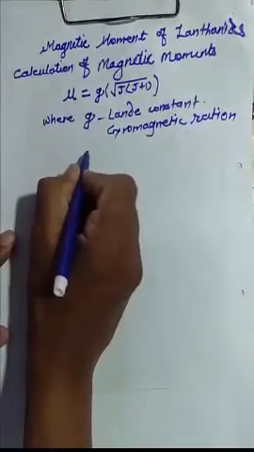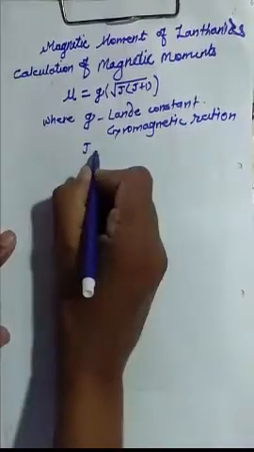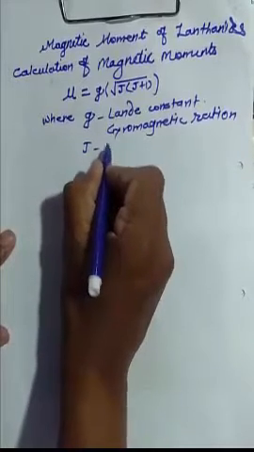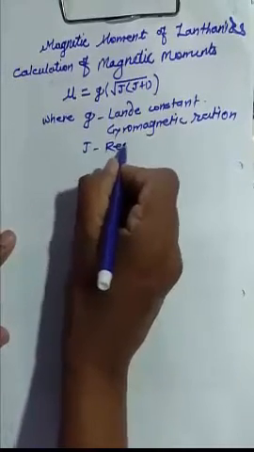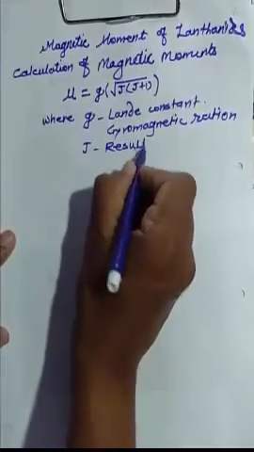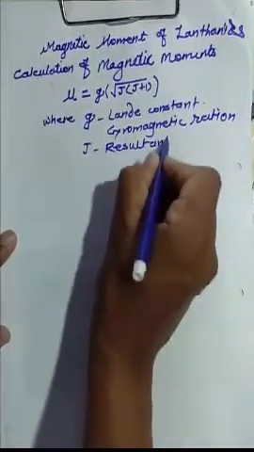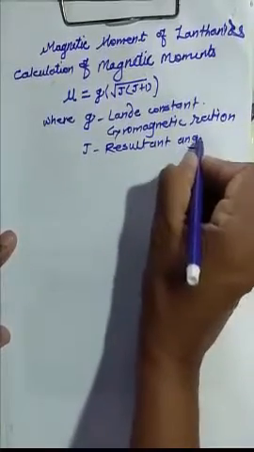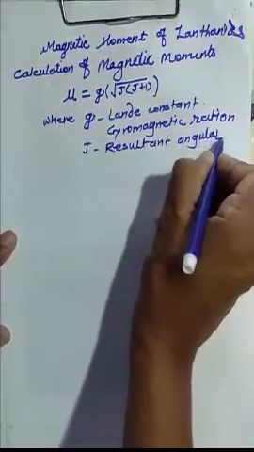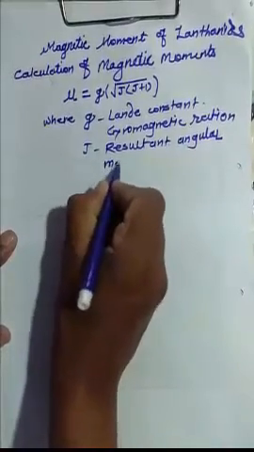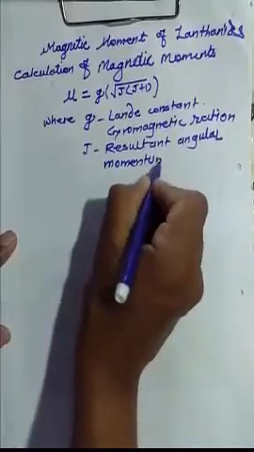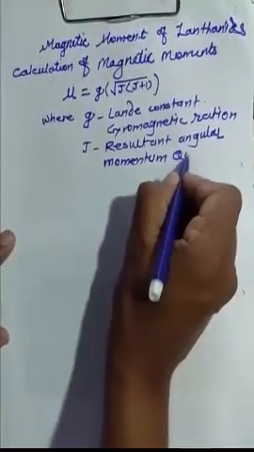J is the resultant angular momentum quantum number.